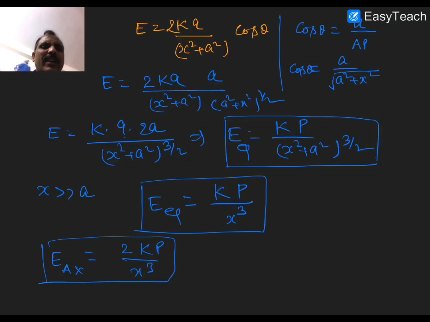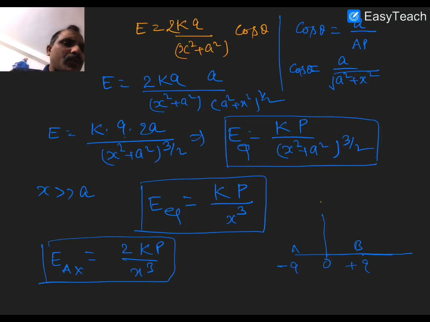Okay, then you can learn it. Electric field due to dipole on the equatorial line is just half of the electric field due to dipole on the axial line. Suppose this is the dipole, minus q and plus q. This is the equatorial line, and this one is the axial line. If you find the electric field at this point, suppose the distance is x, and this is also x.